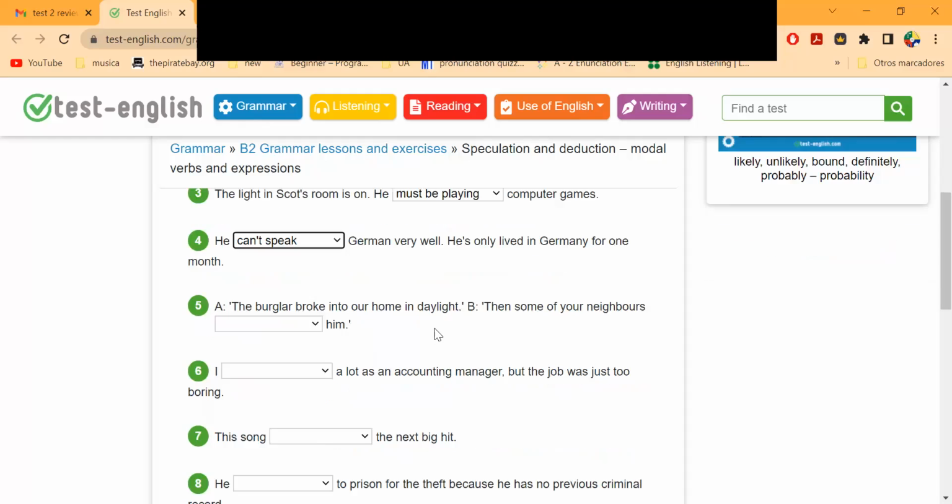The burglar broke into our home in daylight. Then some of your neighbors... Pasado, ¿no es cierto? Might have seen. Oh, yes. Tal vez alguno de los vecinos puede que los hayan visto.